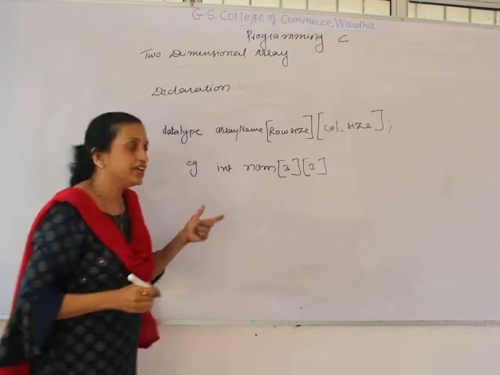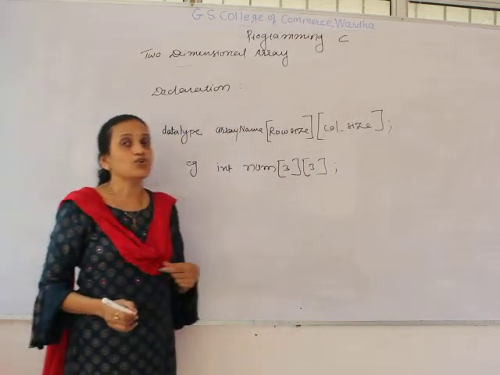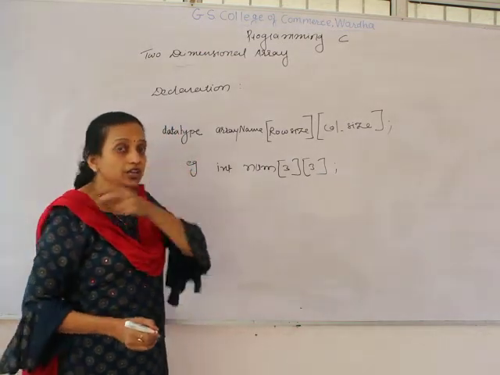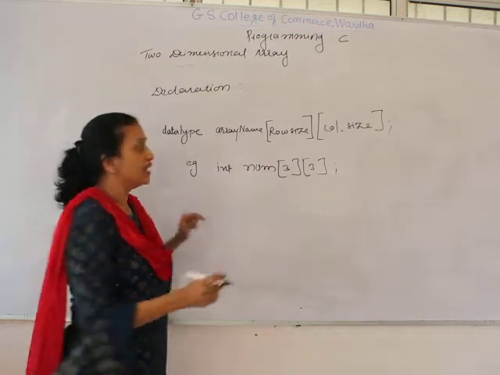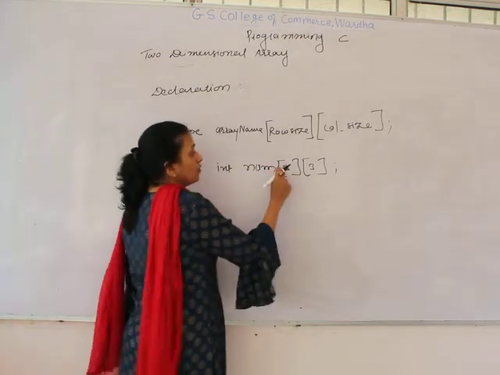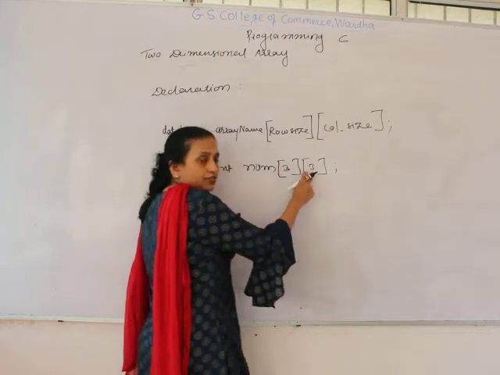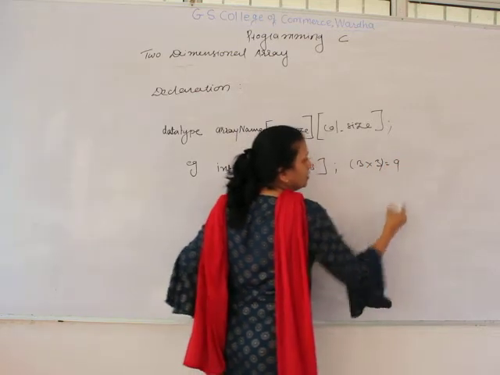When you declare such an array, how many values do you have to input into the matrix? There are 9. That is the size of row multiplied by the size of column, 3 multiplied by 3 is equal to 9.